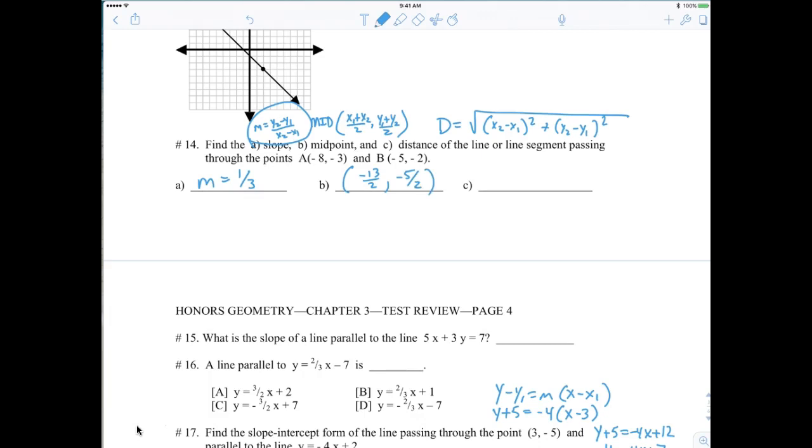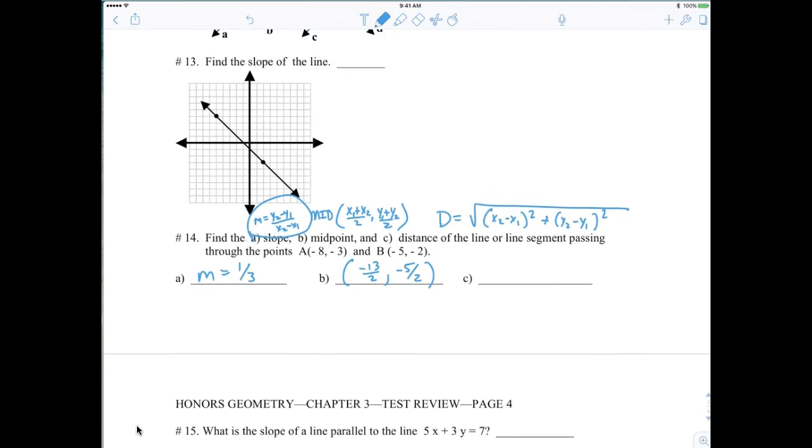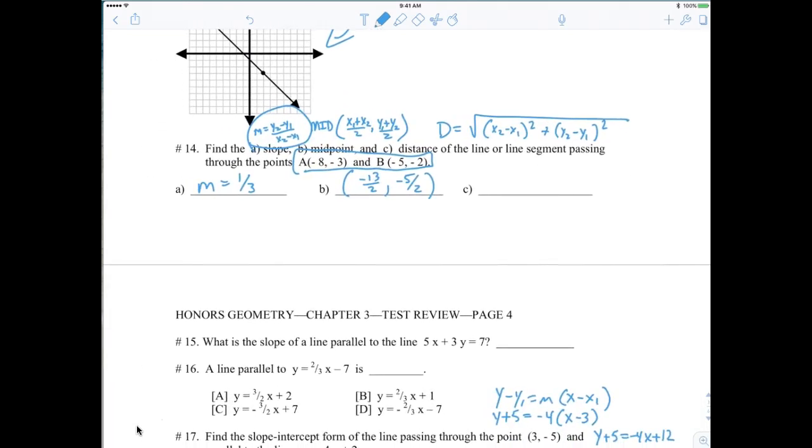We did negative 3 plus 2 is negative 1, and negative 8 plus 5 is negative 3. And you got all those numbers from points, right? You can do it. Okay, so are you doing 13, or are you doing these points that are in the question? That was kind of fun.